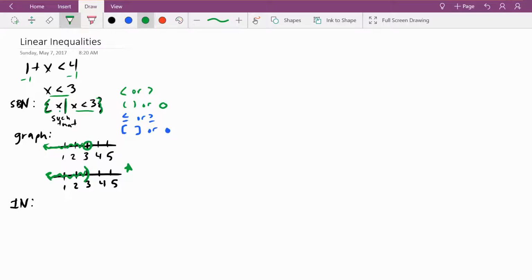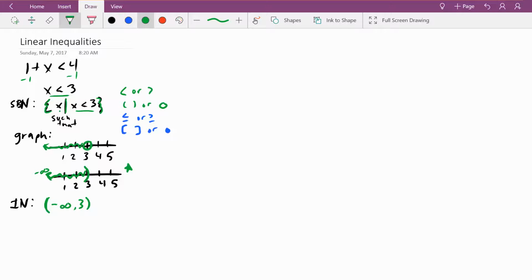This graph is going left forever, negative infinity, never stops. So when we write this in interval notation, we write our leftmost point, well, infinity is not a point, but get it, up to 3, and we use parentheses because we do not include 3 because it were a less than, not a less than or equal. Also, you never use a bracket around infinity because you can't include infinity, it's forever going.